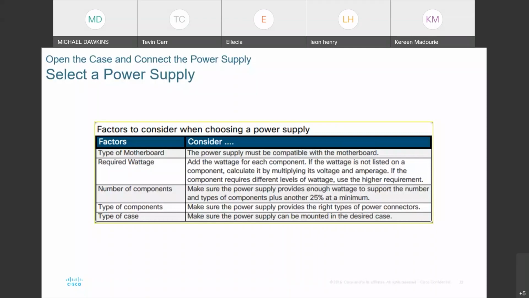If the component requires different levels of wattage, use the higher requirement. In other words, take for instance a video card, a video accelerator, or a video graphics card, one of those cards that has its own CPU and so forth that requires more power.